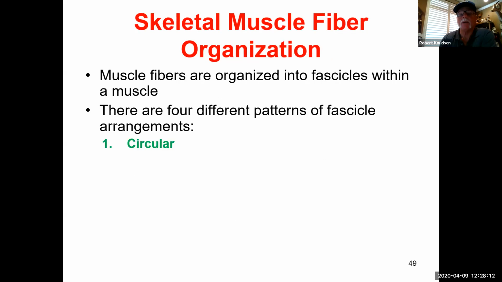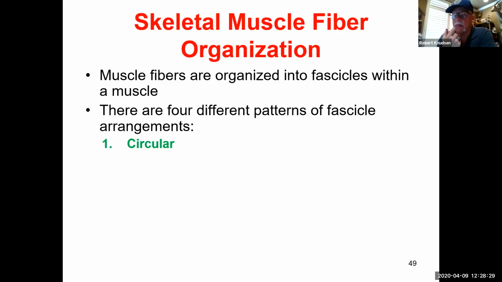Now we're talking about how muscle cells, fibers, myofibers, are arranged and named. First, they can be circular, like orbicularis oris around your lips, and around your eye.